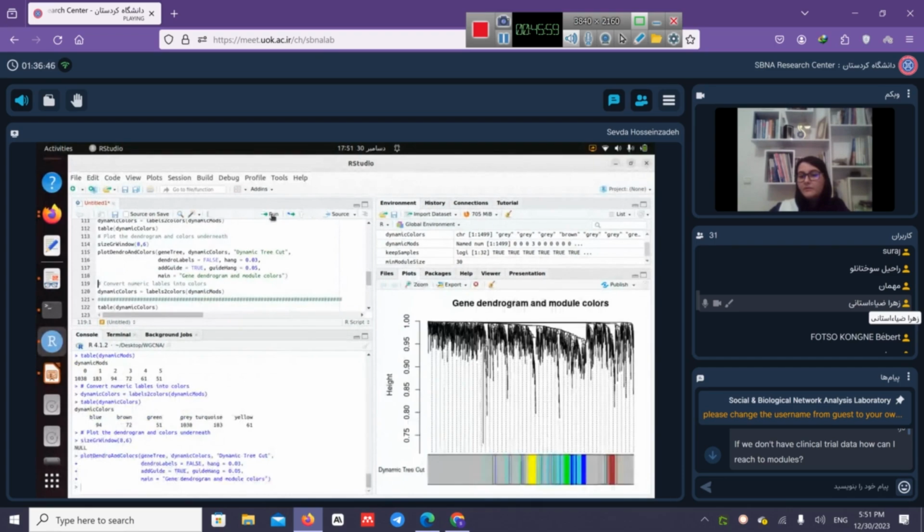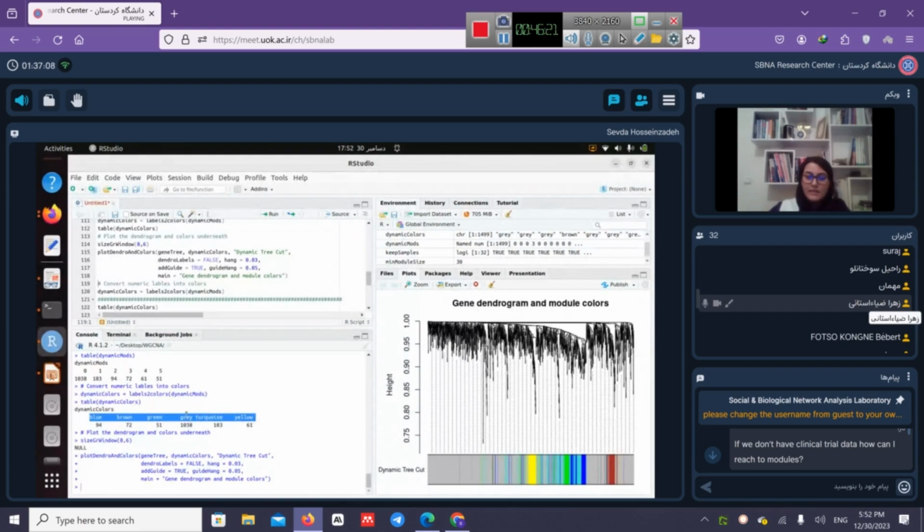Okay, based on this plot we get the different types of modules, for example brown, blue, yellow or green modules. Please pay attention: in this part we could identify 5 modules: blue, brown, green, turquoise and yellow. The gray part isn't important for us.